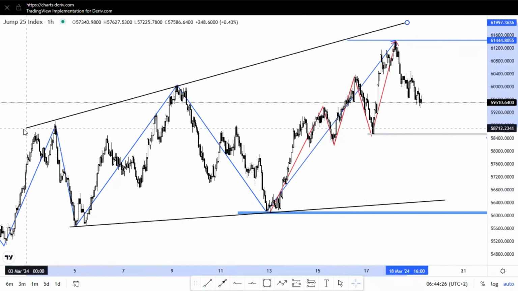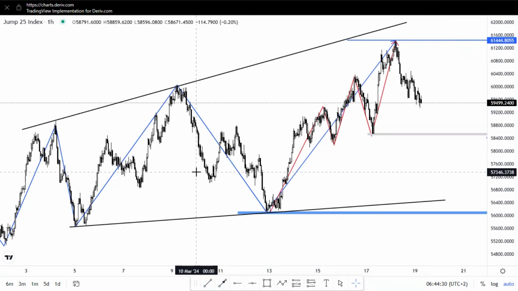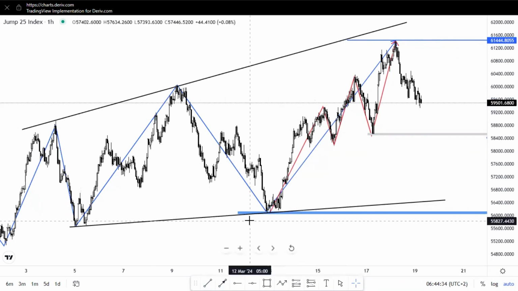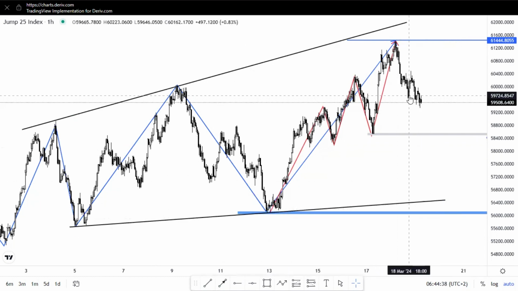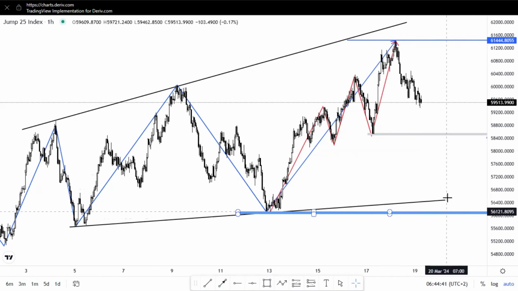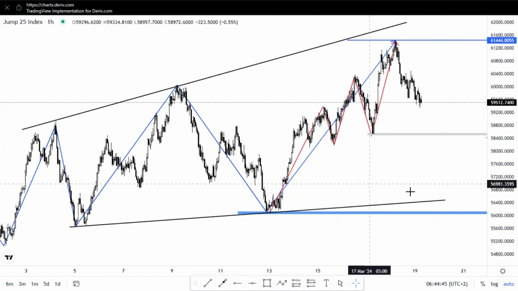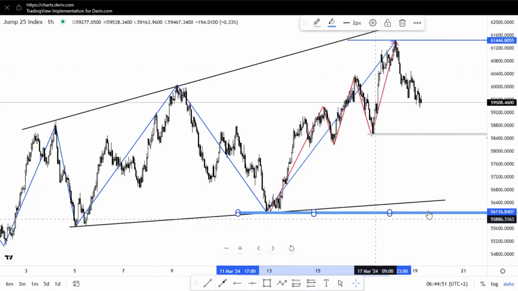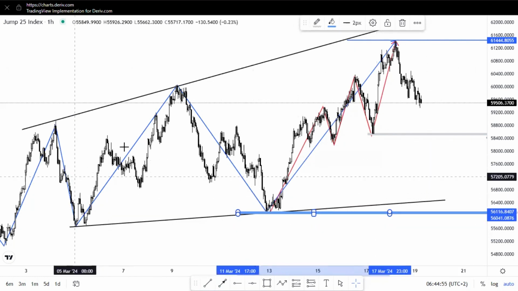Make sure you take that into consideration and write it down in your notebooks. Remember that I said I'm going to be a bit quick here, so bear with me. If you don't understand, make sure you rewatch the video. Here we have first touch, second touch, then we extend here, which means we can anticipate a third touch all the way from here. It still falls within everything because we are still above or inside this high low here, the blue support and resistance, which represents the high low of this blue market structure.